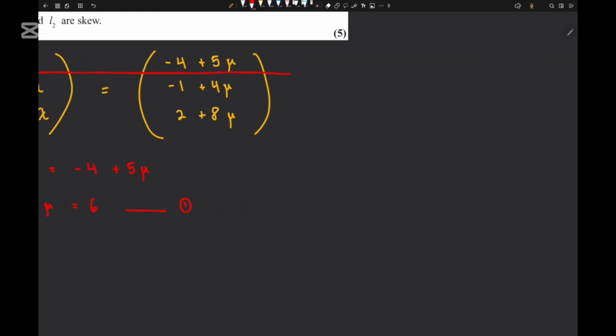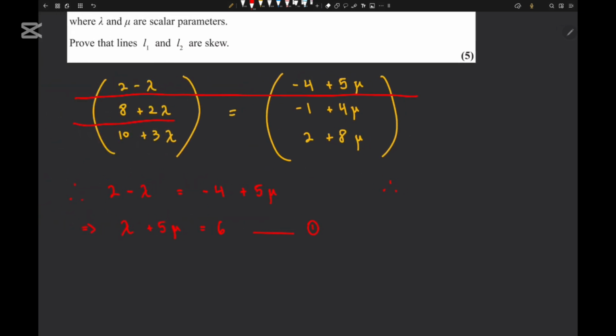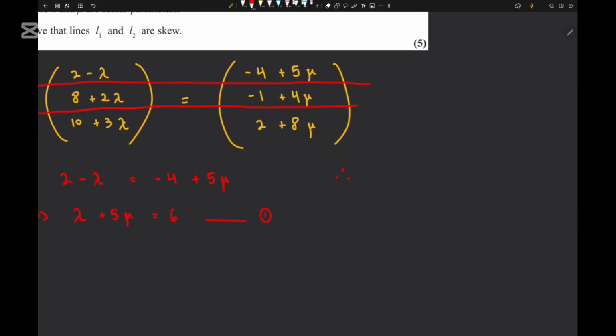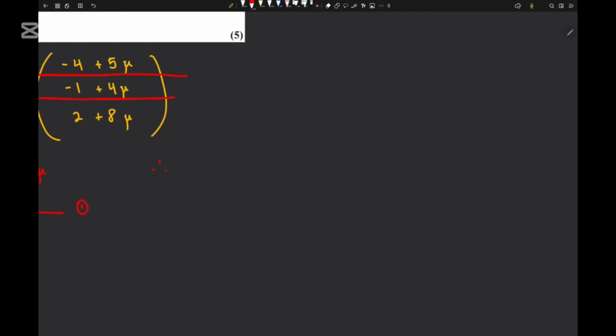Now in order to find out the second equation, we can equate the second pair of values, which is 8 plus 2 lambda and minus 1 plus 4 mu. Now if I rearrange this equation, this will be 2 lambda minus 4 mu equals minus 9.